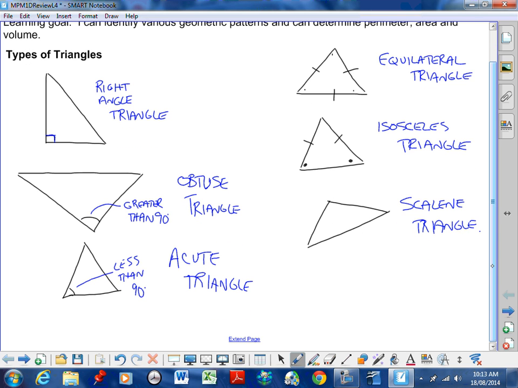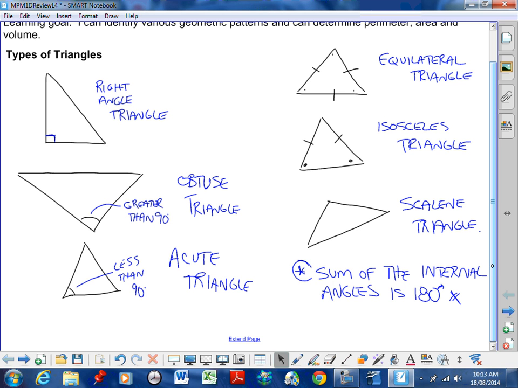What else can I tell you about the triangle? How many degrees are inside the triangle? The sum of the internal angles. Hopefully everyone's screaming at their iPad: 180, Mr. Agar. Come on, say it.